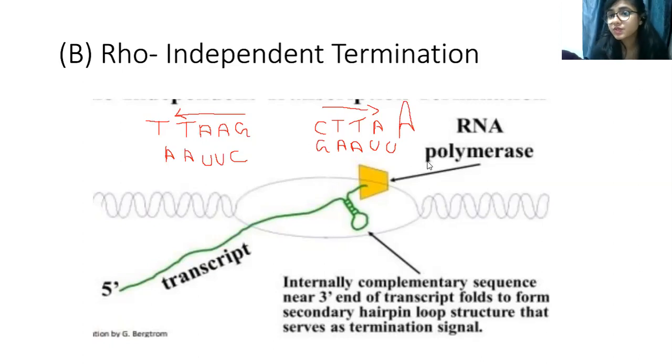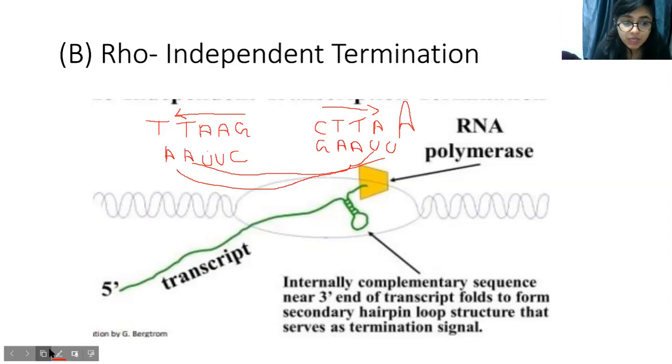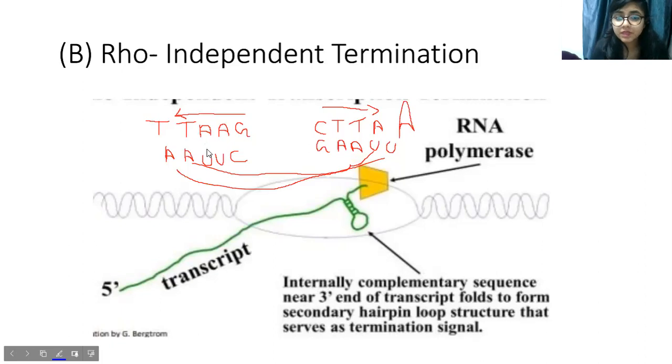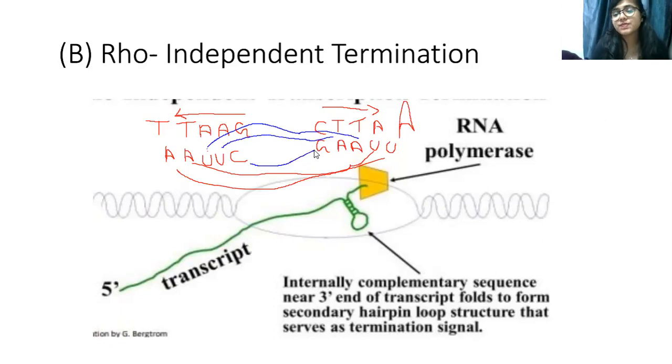They are complementary to each other. So A is complementary to U. This A is complementary to this U. This U is complementary to this A. This U is complementary to this A. C, G. You can see this?